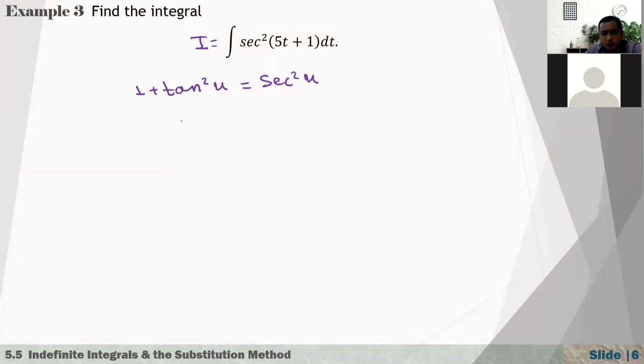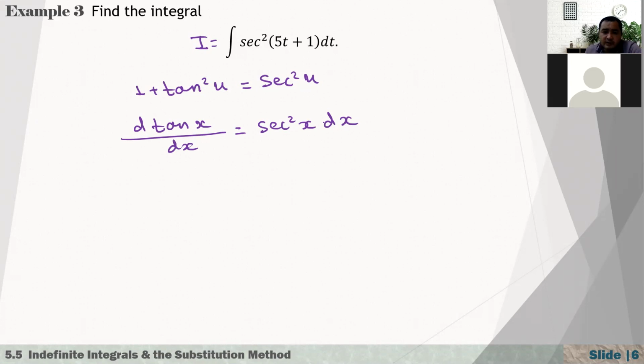And also, if you remember, what is the derivative of tangent of x with respect to x? It is secant squared of x, right? Because the derivative of tangent of x is equal to secant squared of x.